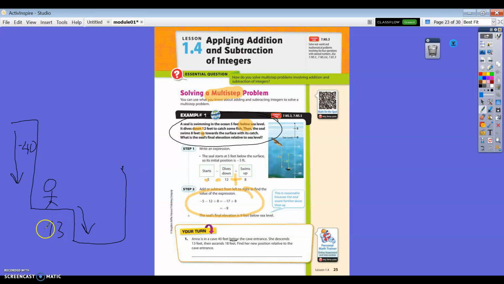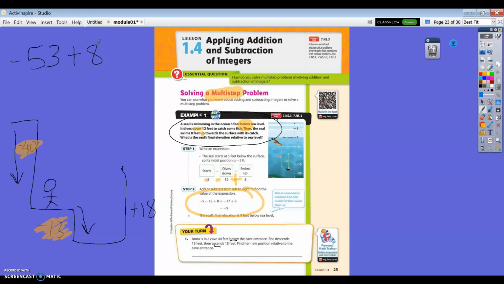She goes down 13, and then she ascends, meaning going up, 18 feet. So I would like to combine my negatives, and then 40 plus 13 is 53, but keep it negative, and then plus 18.